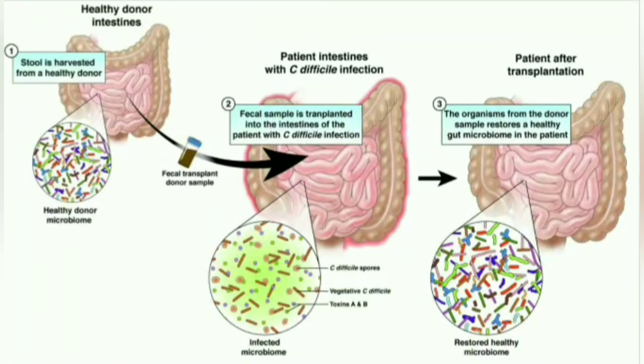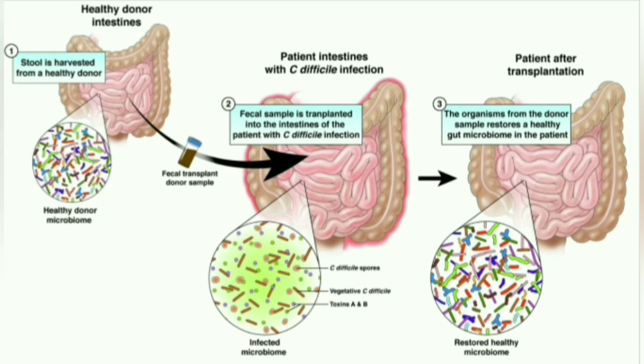The first diagram that you see is of a healthy donor's intestine. The healthy donor's intestine will have a healthy microbiome. The next intestine shown is of an infected patient. This patient is suffering from Clostridium difficile, and therefore has an infected microbiome.